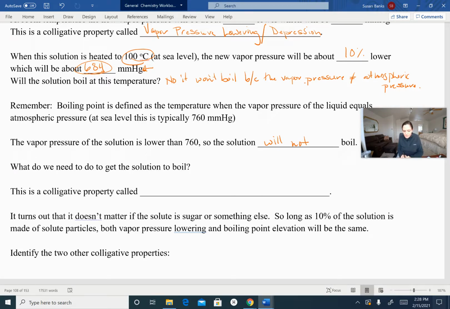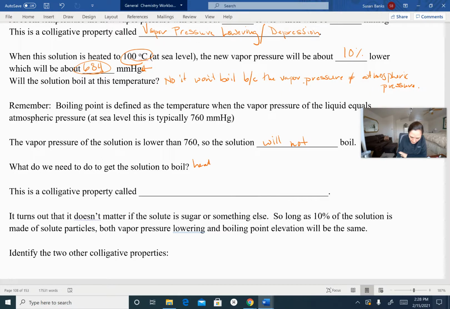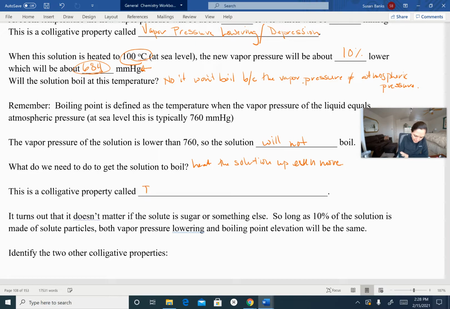And in order to do that, we are going to have to heat that solution up even hotter. Okay, so this is a colligative property called boiling point elevation.